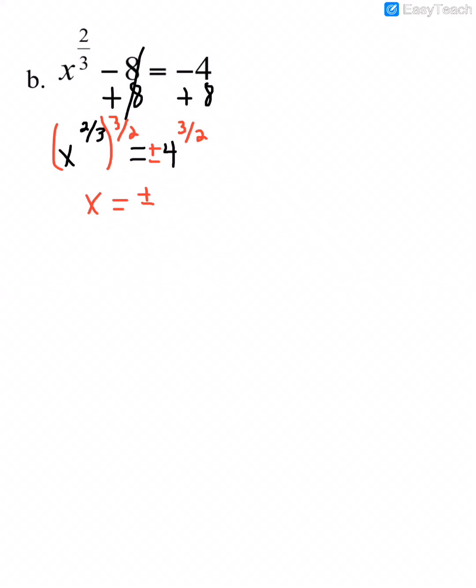My bottom number is 2, so that would be the square root of 4 raised to the 3rd power. We can take the square root of 4. The square root of 4 is 2, and then 2 to the 3rd power is 8. So I actually have two answers here, plus or minus 8.